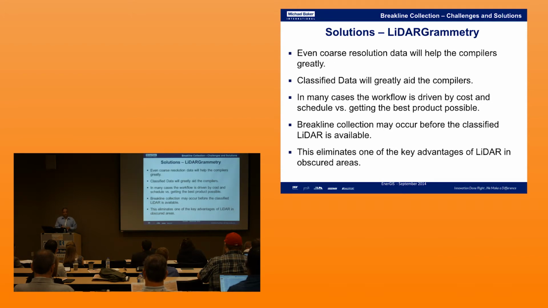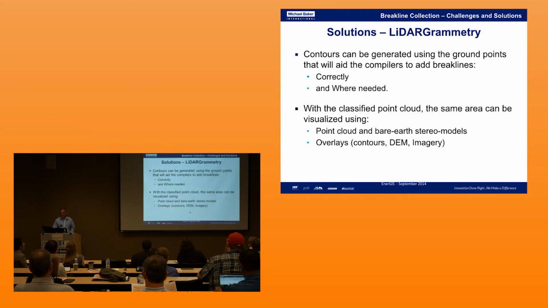And we use them both during the radar telemetry breakline collection process. Of course, it will take a little more time, but that is the price you pay in order to get a better product.